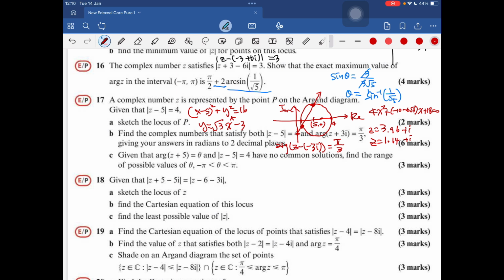x times square root 3 minus 3, like here. So you can use the calculator again. So square root 3 times x minus 3.